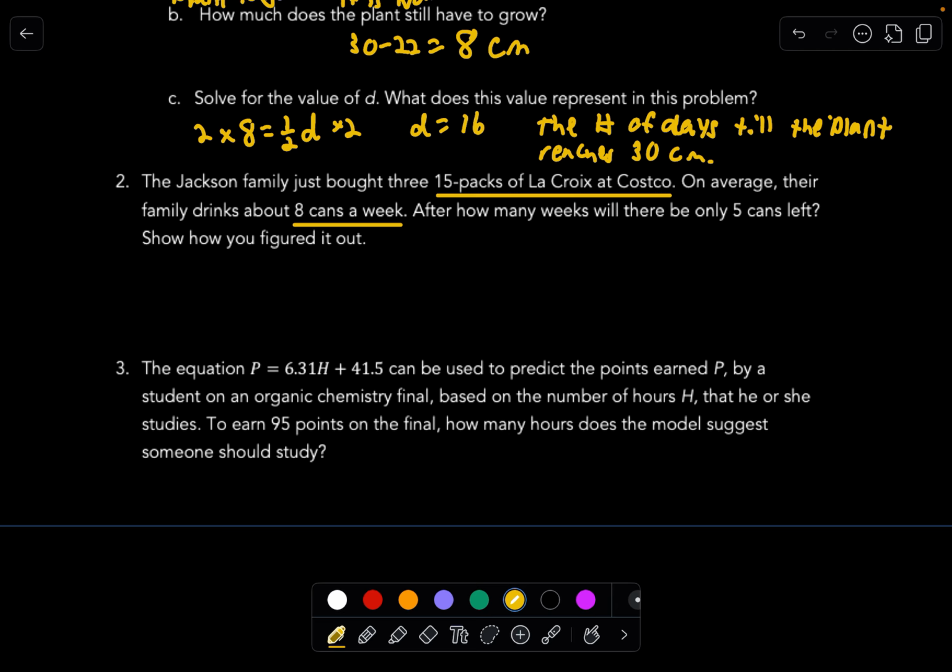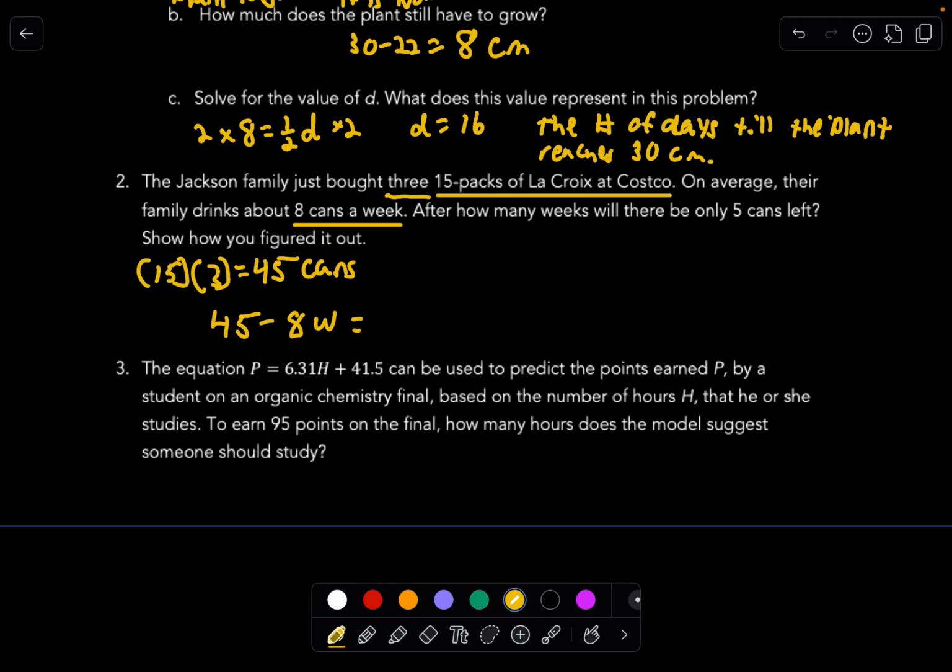Well, 3 15 packs, total number of cans would be 15 times 3, which is, they have a total of 45 cans. So we have 45 minus, now it's 8 cans a week, 8 times W, where W is the number of weeks.